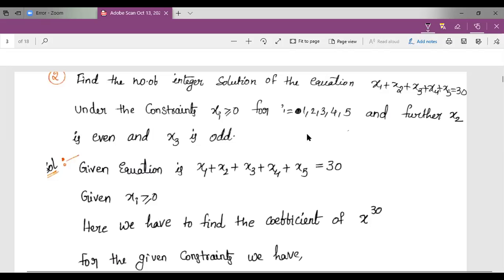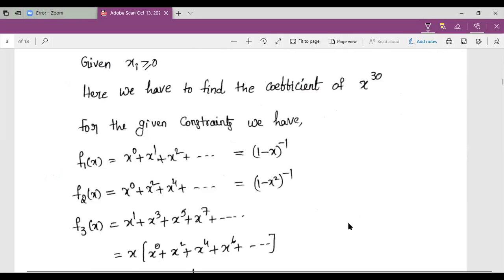The given equation is x1 + x2 + x3 + x4 + x5 = 30, with the constraint xi ≥ 0. We have to find the coefficient of x^30.